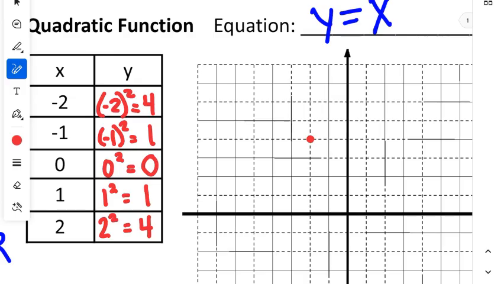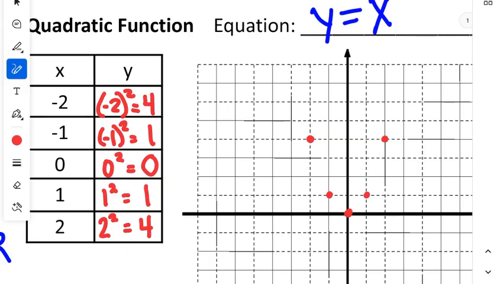All right, so we need to plot these points. So negative 2, 4. Negative 1, 1. 0, 0. 1, 1. 2, 4. Do you remember what the shape of a quadratic is?